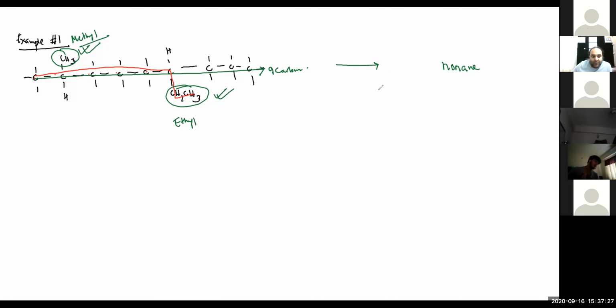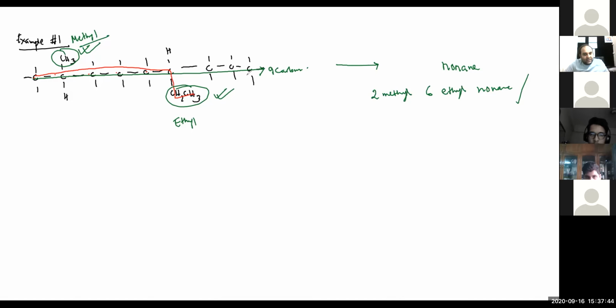So now will this be 2-methyl-6-ethylnonane, or if we start numbering from here, 1 2 3 4 5 6 7 8 9, whether this is going to be 4-ethyl-8-methylnonane? Which one, sir? Put a big question mark on this.